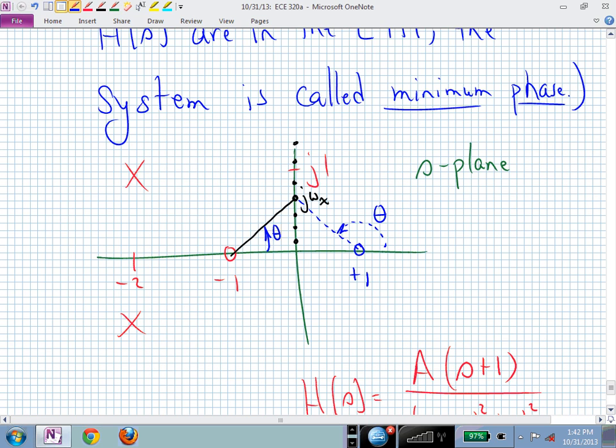If somebody gave you the A in my transfer function, you could tell me what the magnitude of that transfer function was at a frequency of 2 radians per second. What would you do? You would run up the imaginary axis to where?